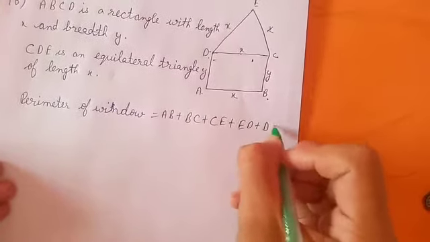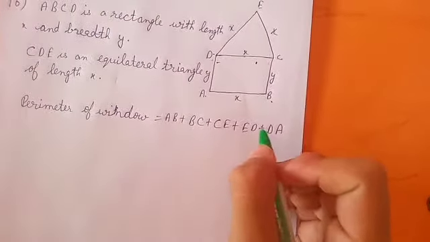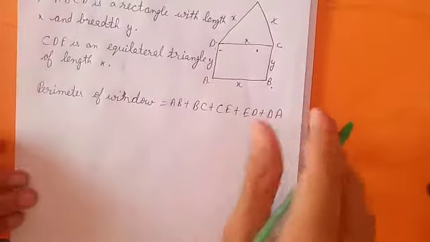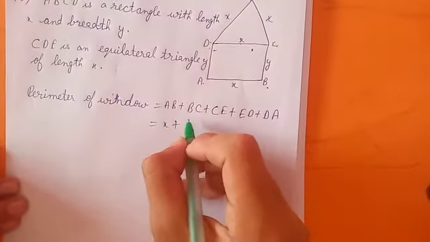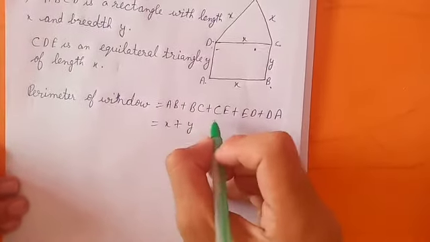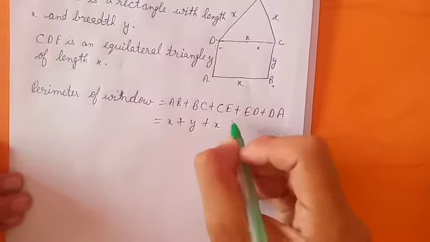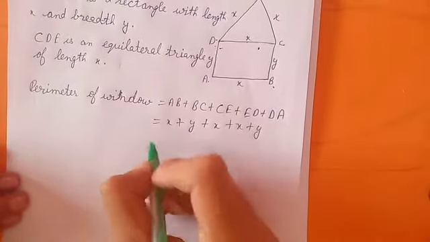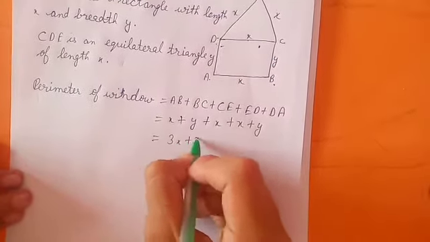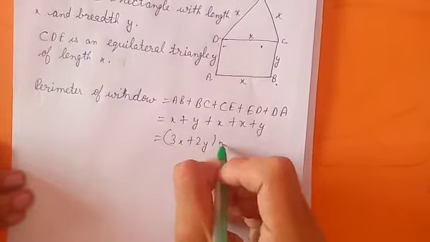Now we write down their dimensions. AB is x meters, BC is y, CE is again x, ED is also x and DA is y. Means 3x plus 2y meters.